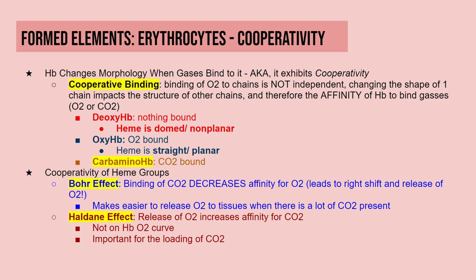This leads to a right shift. And then there's also the Haldane effect, which means that the release of O2 increases the affinity for CO2. So when the hemoglobin releases oxygen in the tissues, it can more easily bind carbon dioxide.